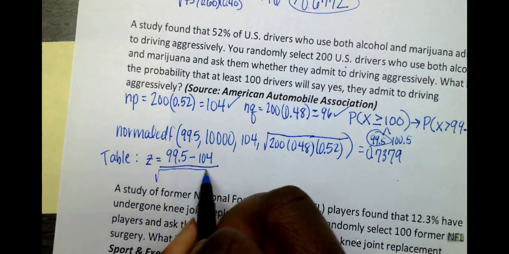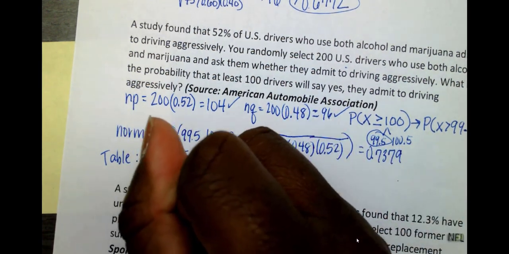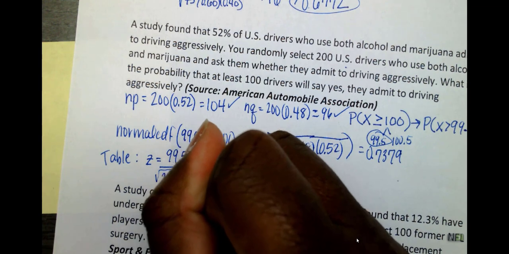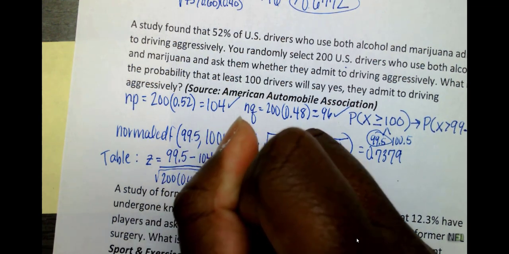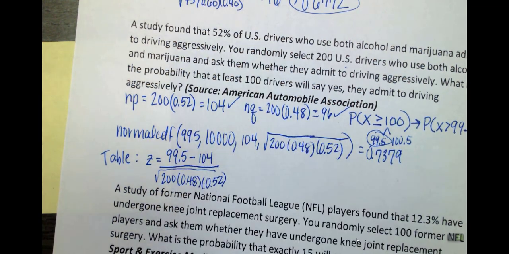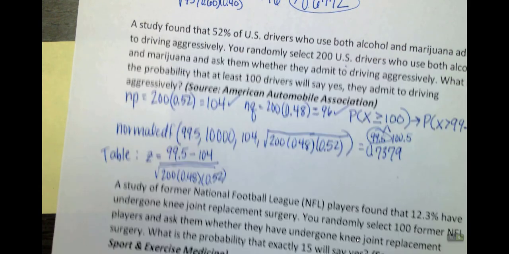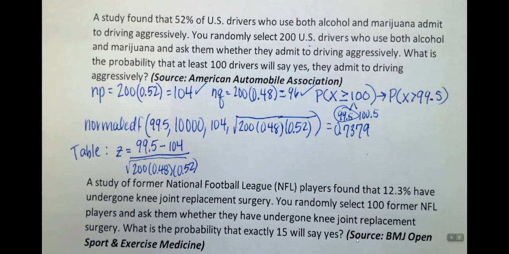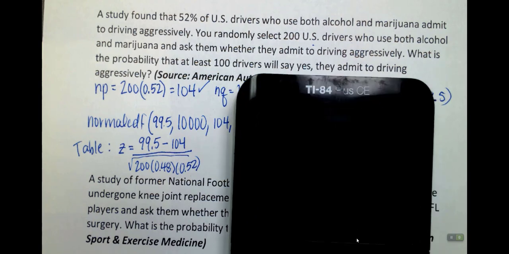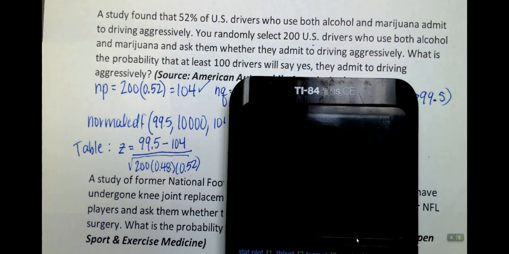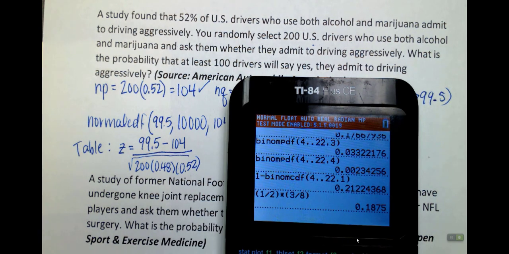So this is square root of 200 times 0.48 times 0.52. I'm going to put that in the calculator, find out what that z is, look at the area on our table, and do the opposite. Remember, doing the opposite again because this is on the right side. This is a greater than problem.